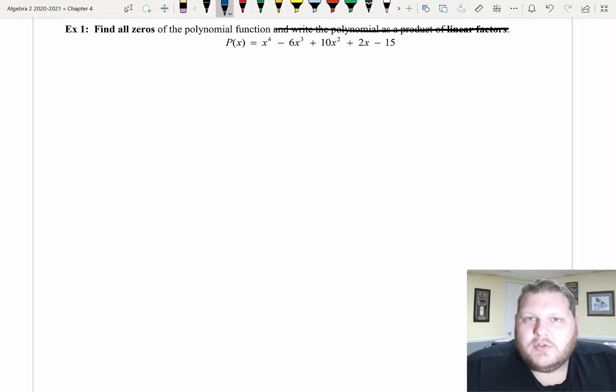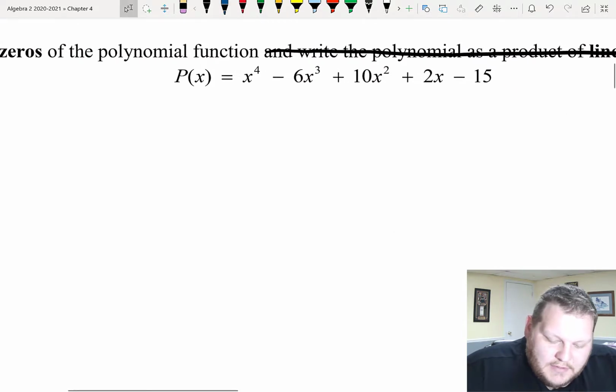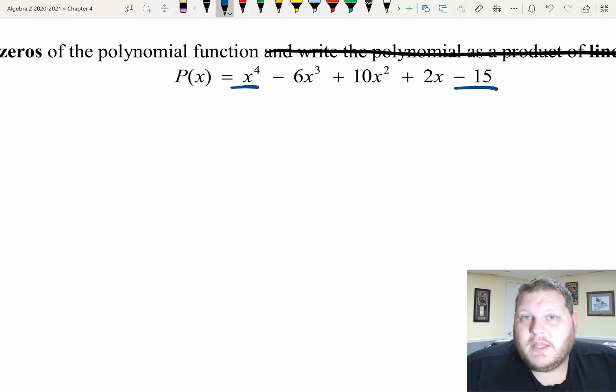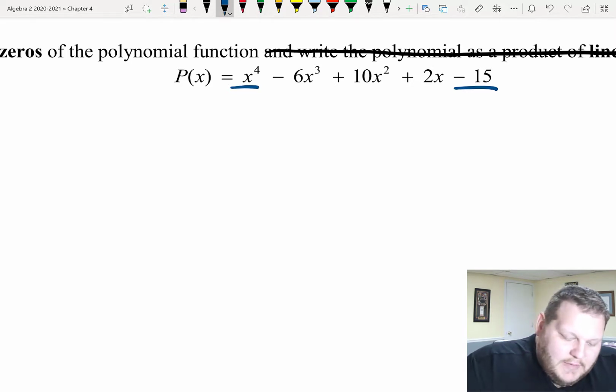We're going to have to go to the rational root theorem, where we look at factors of 15 over factors of 1 to come up with a list of possible rational roots to check.